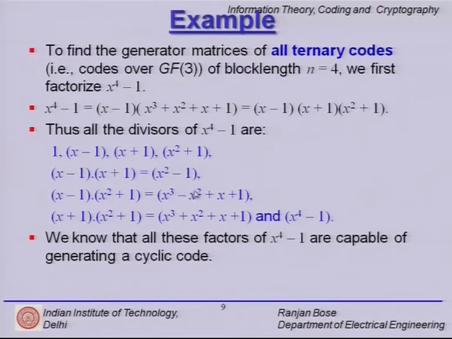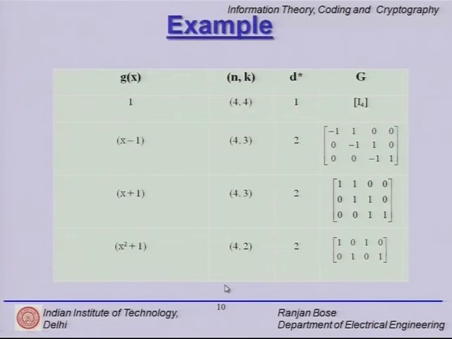So, all of these 8 factors, some are trivial, some are not, are capable of generating a cyclic code each. Please note, we have used the fact that minus 1 is plus 2 because 1 plus 2 is equal to 0 over GF3, and we have listed out all of these 8 generator polynomials in this table.